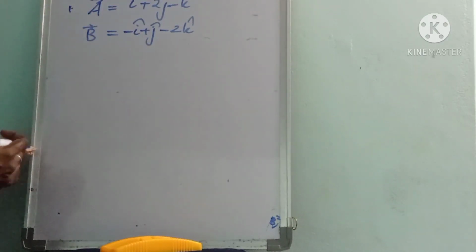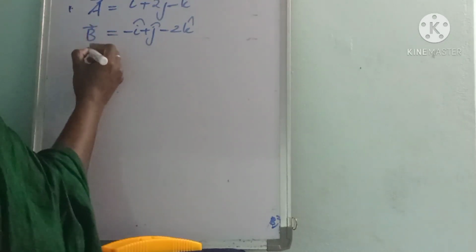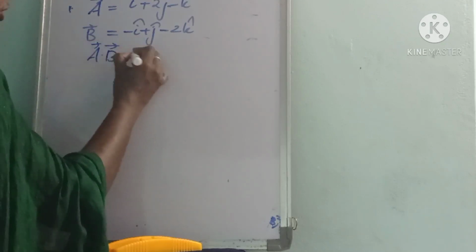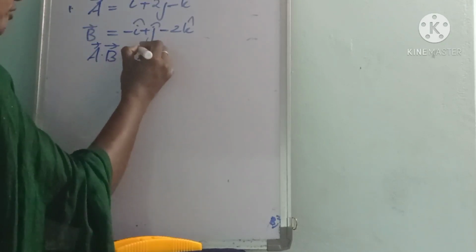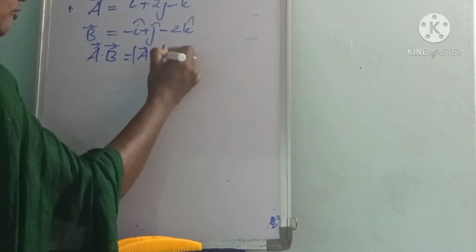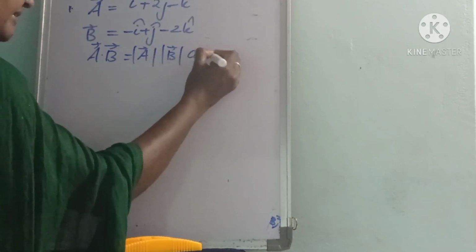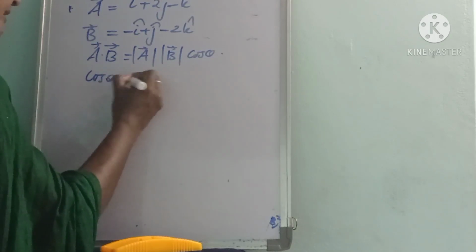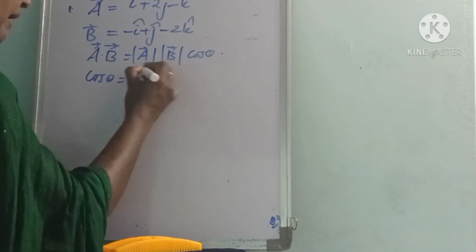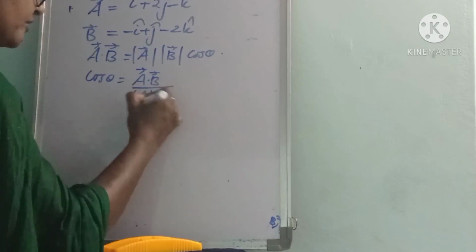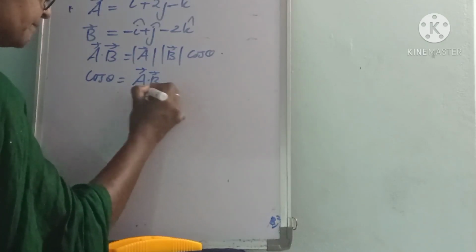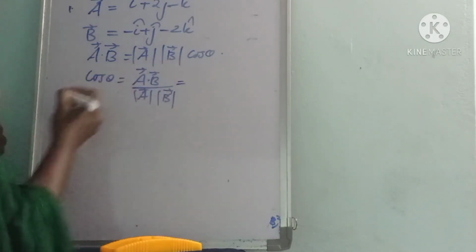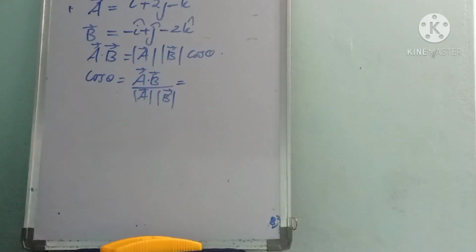To find the angle between A and B, we can take the dot product A dot B. That is, A dot B is equal to modulus of A into modulus of B into cos theta. Here cos theta can be written as A dot B divided by modulus of A into modulus of B. Is it clear? Then we can write A dot B in terms of rectangular components.